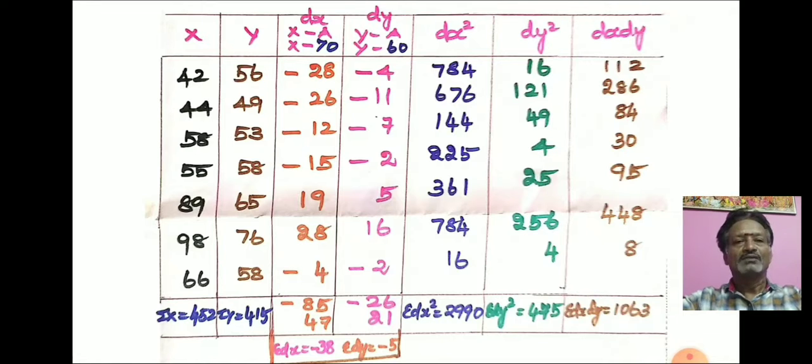Now here first you write the values x and the values y. First you have to estimate sigma x value and sigma y value. So sigma x is nothing but the sum total of all x values, and sigma y is nothing but the sum total of all y values.